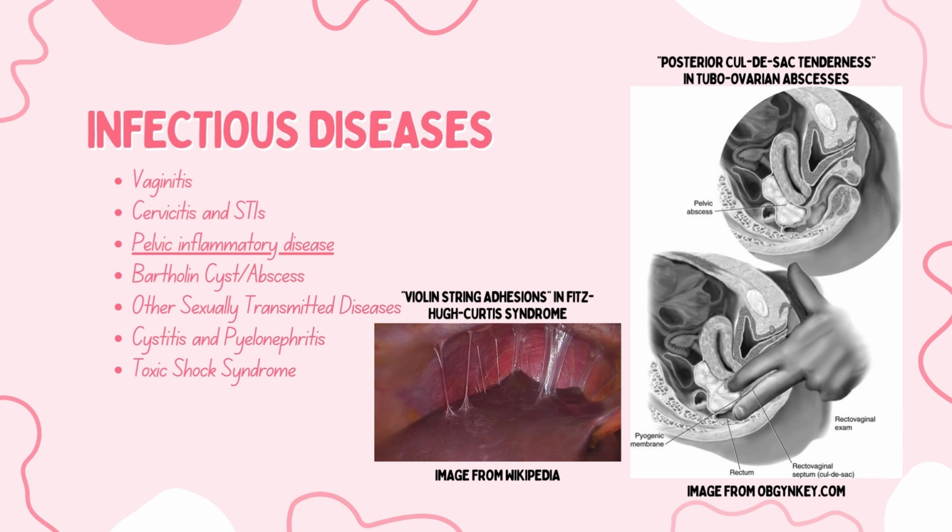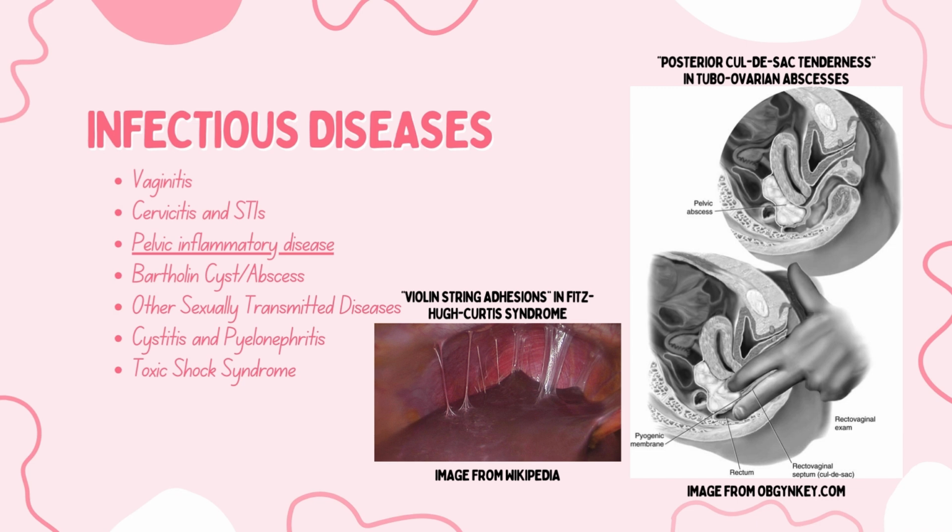Labs include CBC, ESR, CRP, and a urinalysis. The most accurate test is a laparoscopy, but this is rarely performed. It is considered in uncertain cases, very severe disease, or if the patient is not improving with antibiotics.